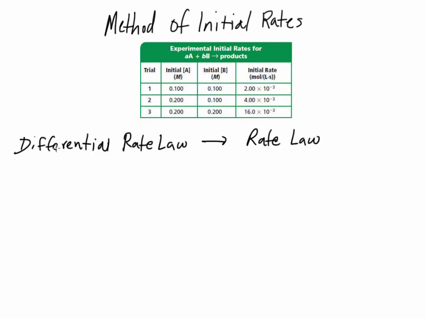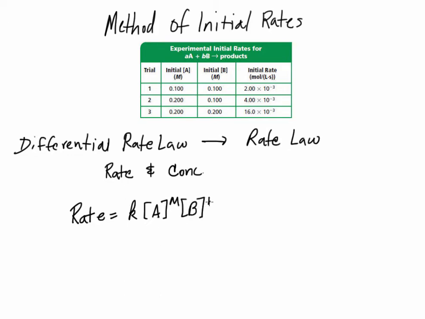Now if you remember back to what I said before, a differential rate law shows how concentration changes the rate. So there's a connection between rate and the concentrations, and it's illustrated by this equation: rate is equal to k, which is some sort of constant, times the concentration of A to the m, times the concentration of B to the n.